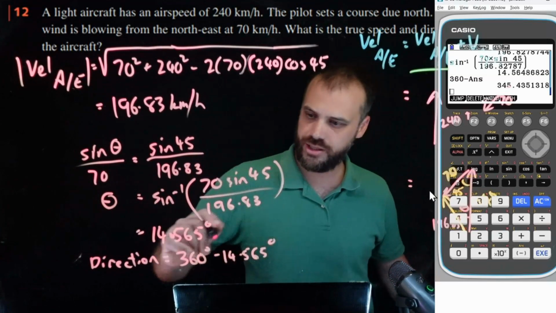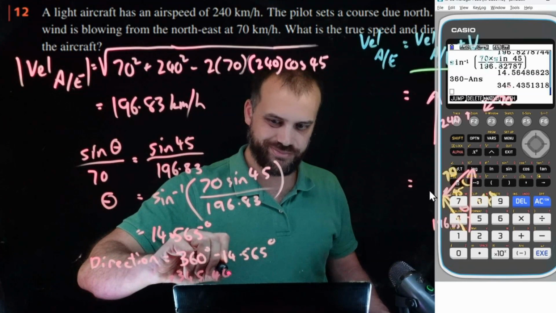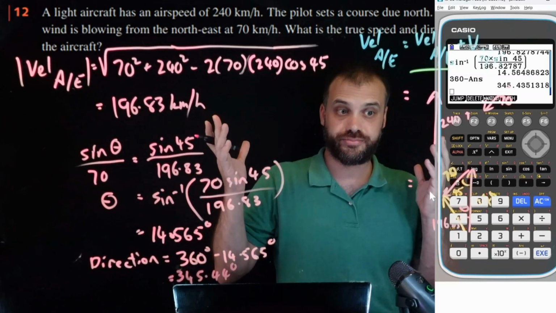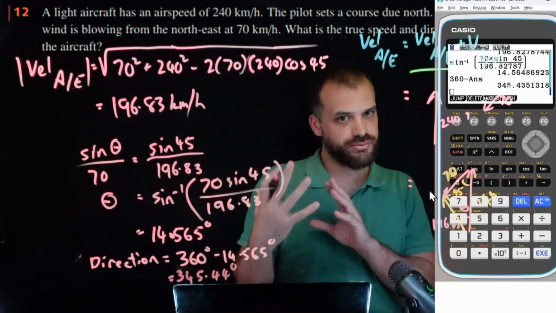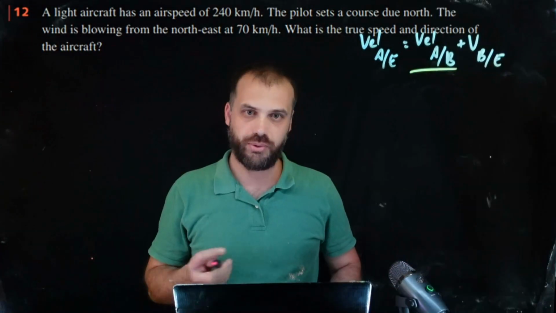So we get an answer of 345.44 degrees. A little bit of rounding. That's it. Again, if we've got our formula and we know how to add vectors graphically, nothing's too tricky. All right, we're getting close.